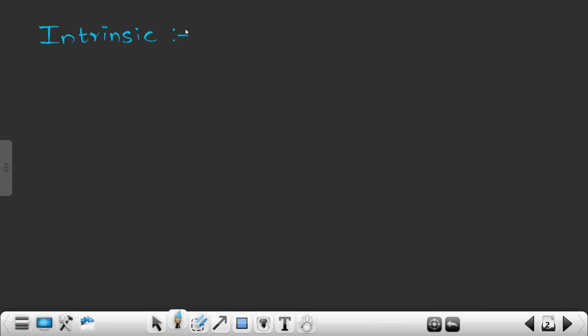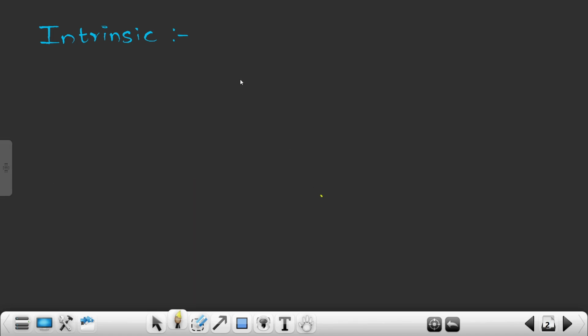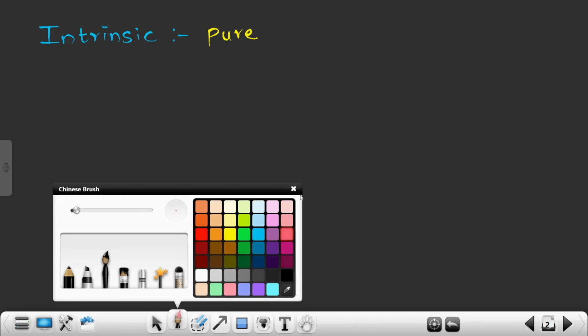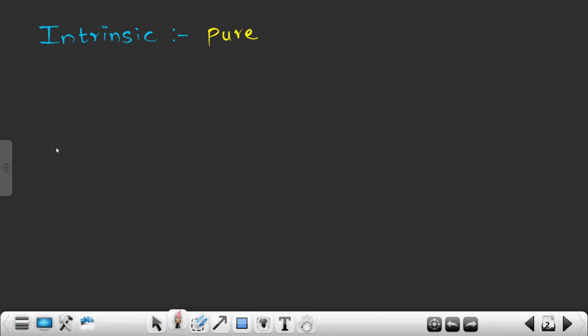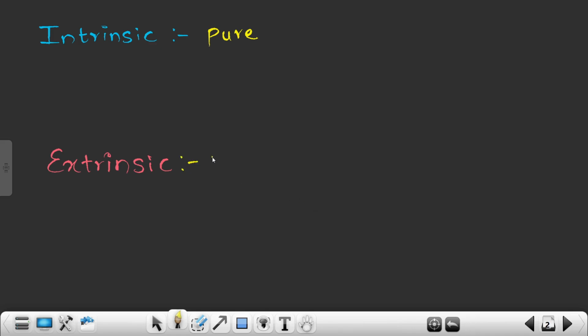When I talk about intrinsic semiconductor, I'm talking about purity. Just remember these two words whenever we are dealing with intrinsic semiconductor. We are dealing with pure atoms, and whenever we are dealing with extrinsic semiconductor, we are dealing with impurity or impure atoms.